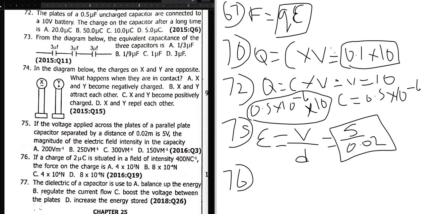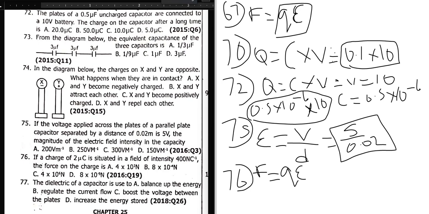Then I think the final one for this chapter we're solving is 76. 76 says if a charge of 2 micro C is situated in a field intensity of 400 NC minus 1, the force on the charge is what? What we're looking for here is force. Force is equal to QE, charge multiplied by the electric intensity.